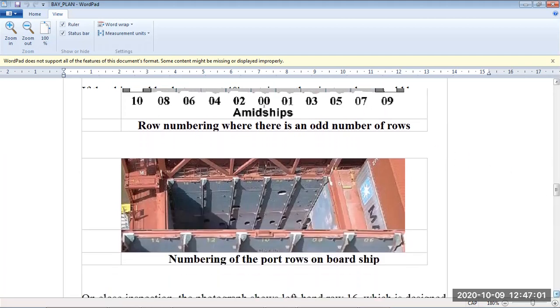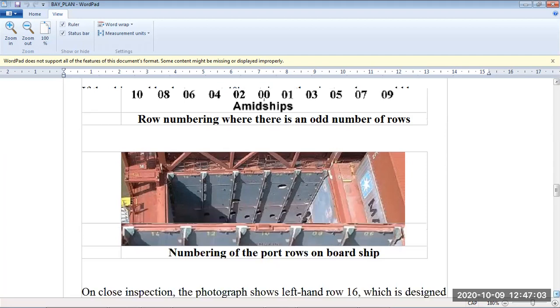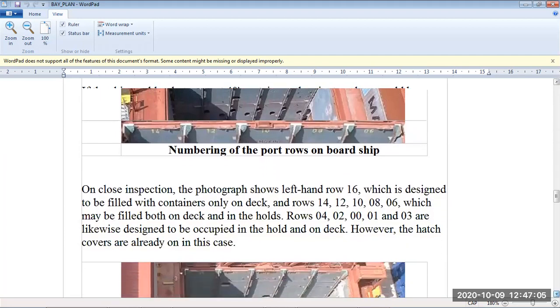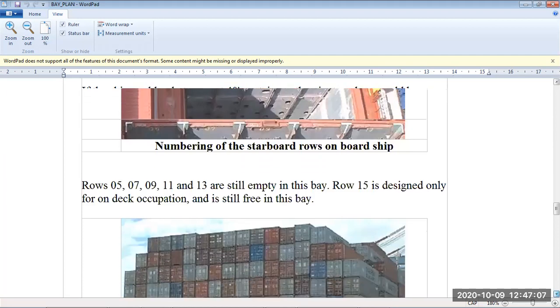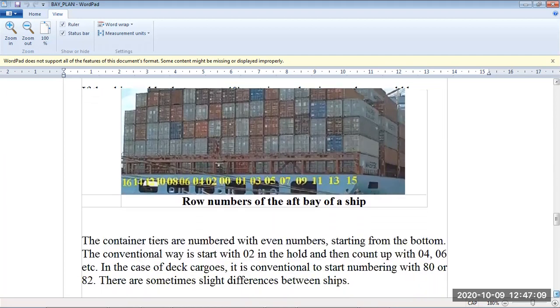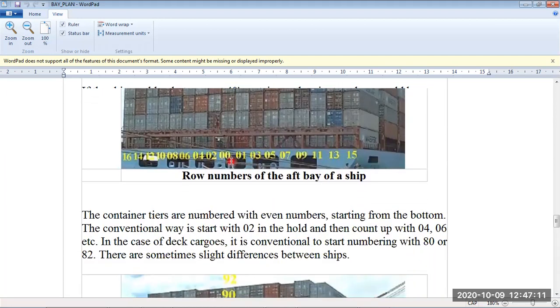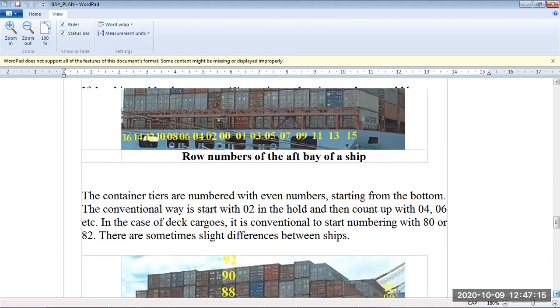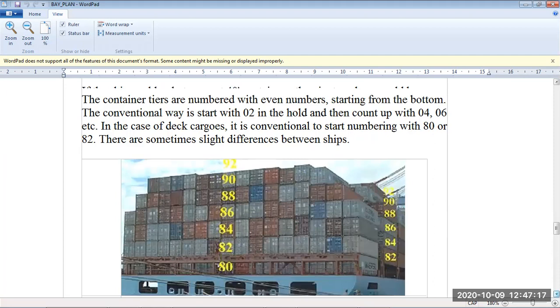So this is how in the hold we have bay, row, tier, which we have seen. Then on the ship, different row numbers for the containers and their different tiers. On deck, the tier numbers above the cargo hold are 82, 84, 86, 88, 90, just above the main deck.